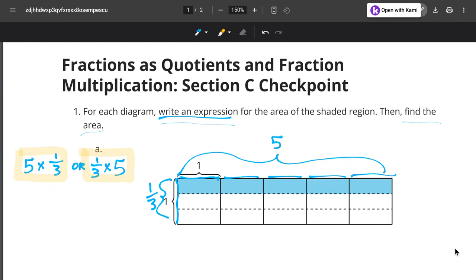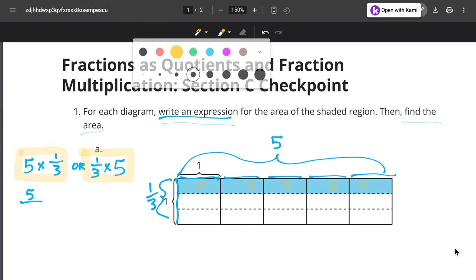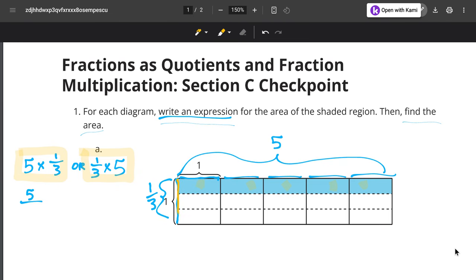Now we need to give the actual area that we're seeing. How many rectangles have shading in our diagram? We have 1, 2, 3, 4, 5 that have shading. So we are going to write in our area that we have 5 as our numerator. And once again, we ask, what was our whole set to be?